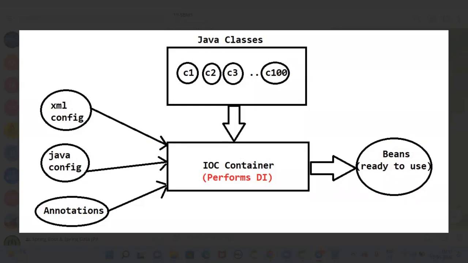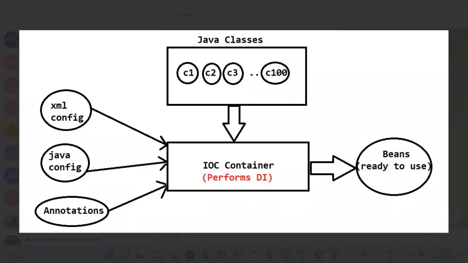That means which is a target, which is a dependent, which dependent should be injected into which target, and whether to use a setter or constructor. That information we need to provide through XML configuration, Java configuration, or annotation configuration.